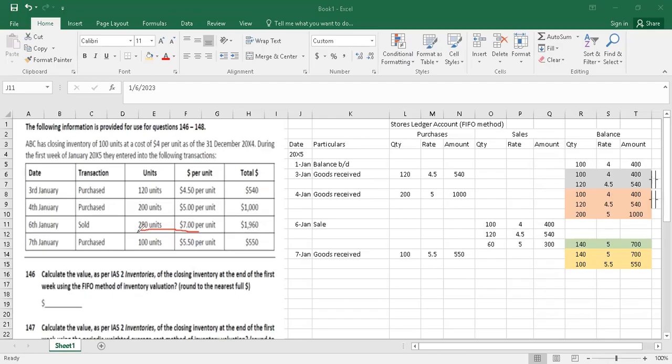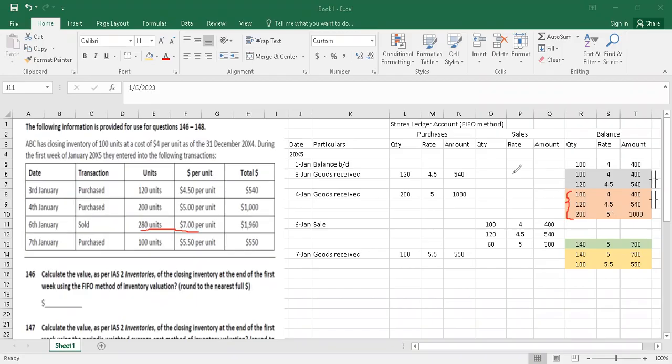But 280 in one lot is not available. Just before 6th January, the balance column shows 3 different lots, each with a different rate per unit. So what cost will be charged? Should they be charging it at 4, 4.5 or 5? That is the confusion.